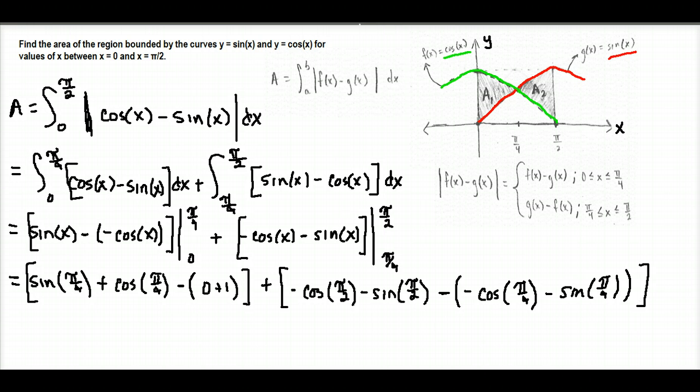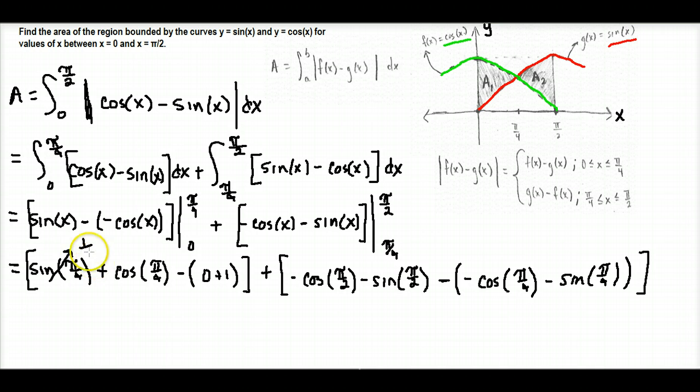And so now once we're done with all of that here, we'll see that sine of pi over 4 is just 1 over square root of 2. Cosine of pi over 4 here will just be 1 over square root of 2 again.